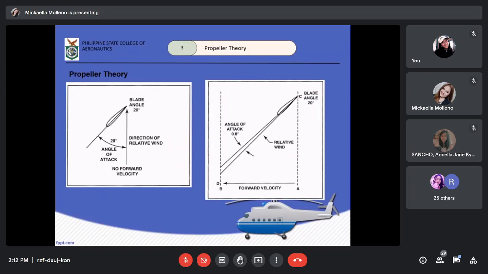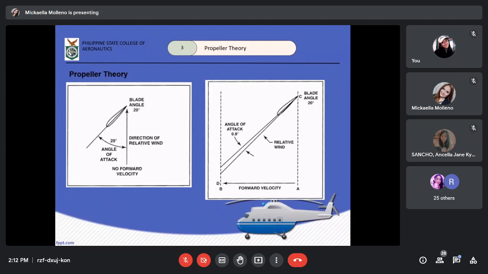So, again, angle of attack is the angle formed by the chord line of the blade and the relative wind. And ang difference naman niya sa blade angle is that blade angle is the angle between the chord line and the plane of rotation. Take note of that. Now, kailan sila magiging pareho? Magiging pareho sila when we have no forward velocity or stationary yung ating aircraft.